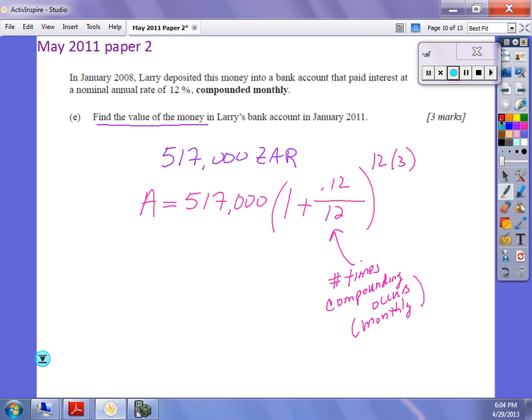When you're doing one of these calculations, this number of times compounding and that number of times compounding will always be the same. So the amount of his investment, after you just plug that into your calculator, is equal to 739,707 South African Rand. Hope Larry has a nice retirement.